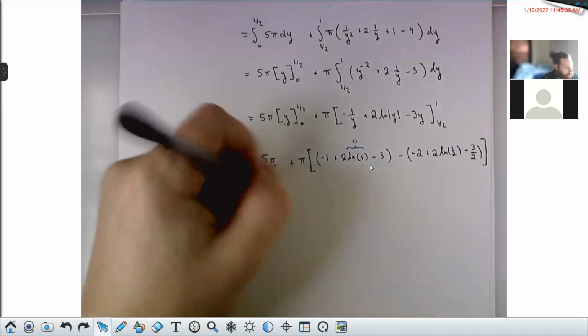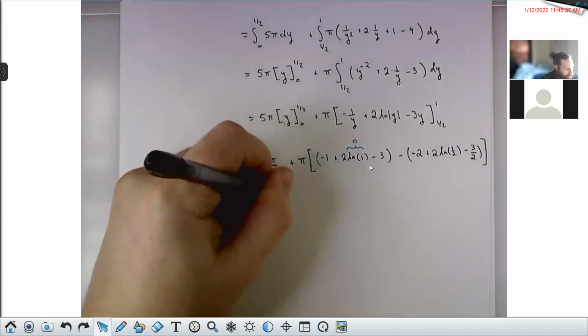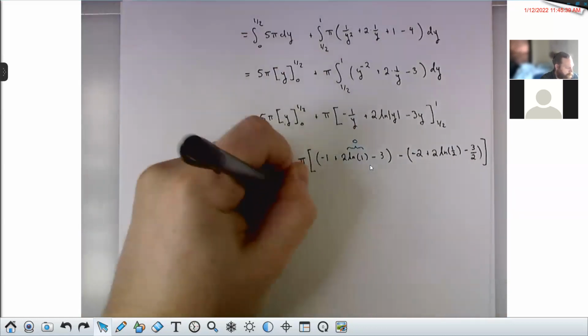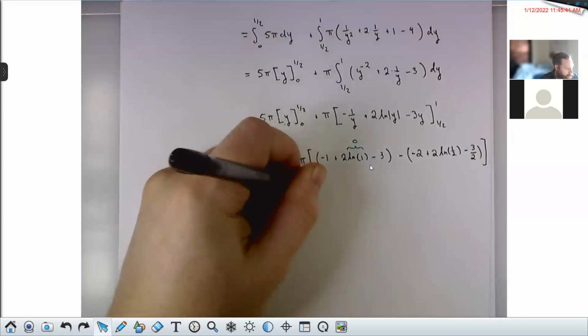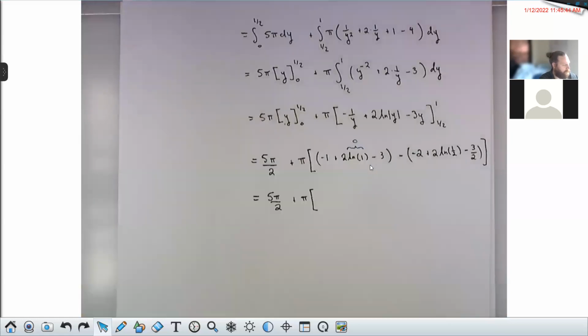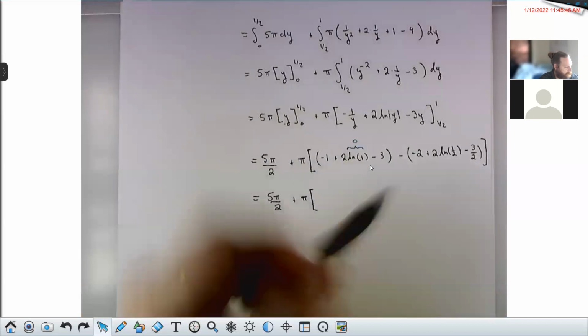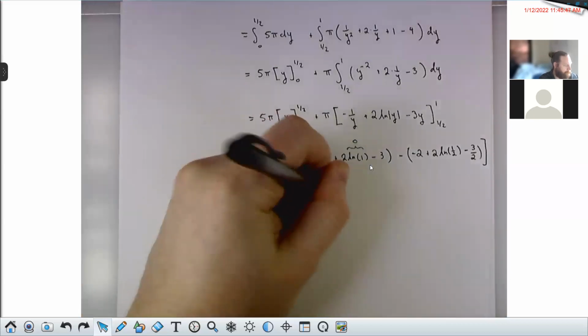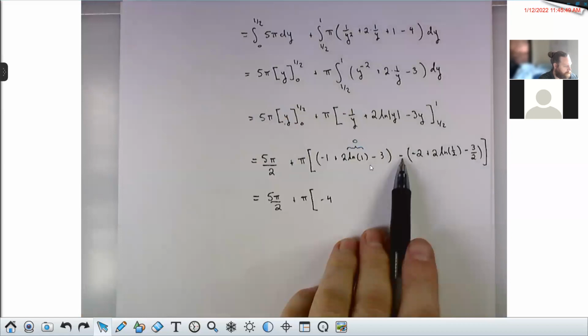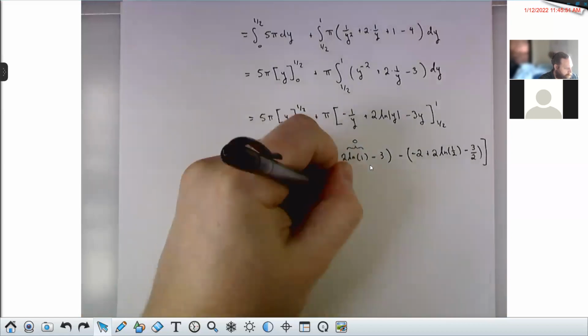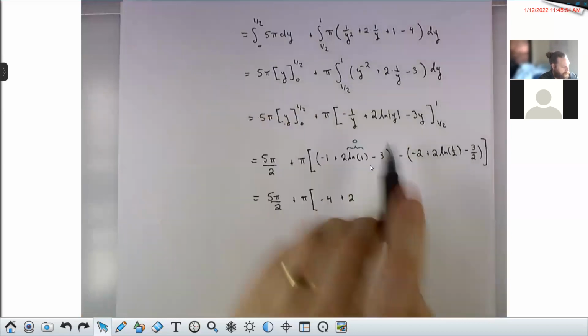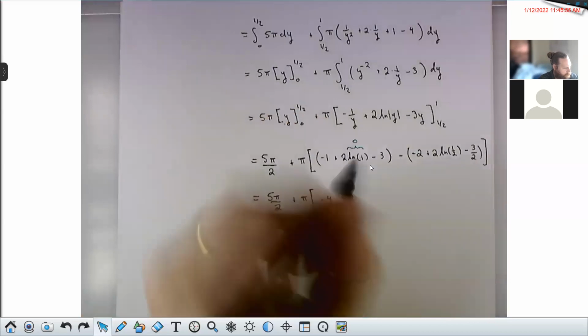I have the 5 pi over 2 from the first integral chilling, plus pi times. Now I'm going to distribute all the negatives and combine all the like terms. I have negative 1 minus 3 is negative 4. Minus negative 2 is plus 2. Minus 2 ln 1/2.